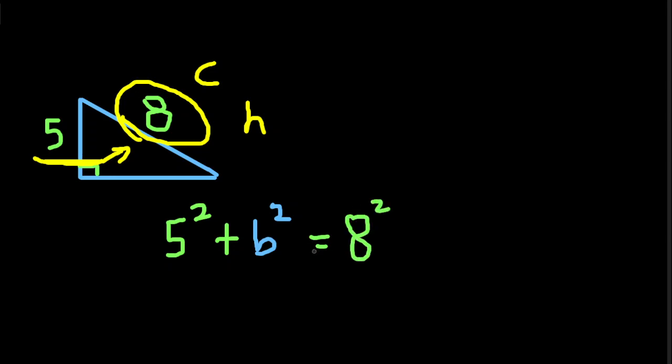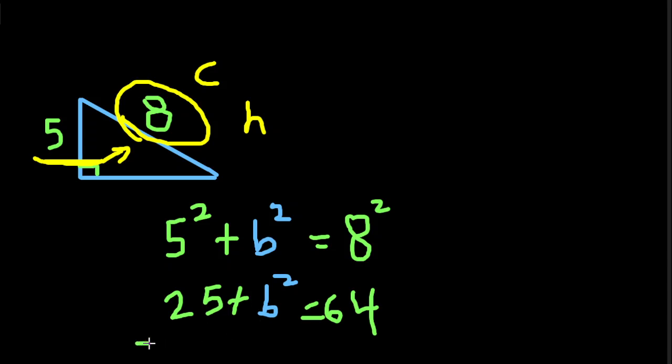So let's square this. Then you'll get 25 plus B squared is equal to 64. And to solve for B, you can just subtract 25 this time.